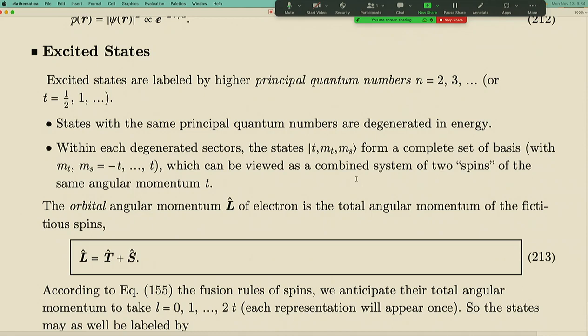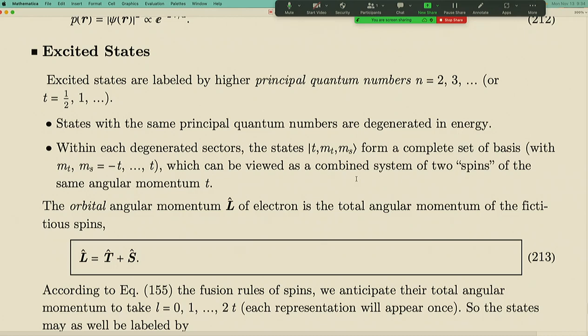So we know that when the principal quantum number goes higher and higher, you have a larger and larger spin, and the spins of the same size have to fuse together following the angular momentum fusion rule. So the orbital angular momentum that the electron can take goes like this: when n equals 1, it is 0. n equals 2, it is 0, 1.